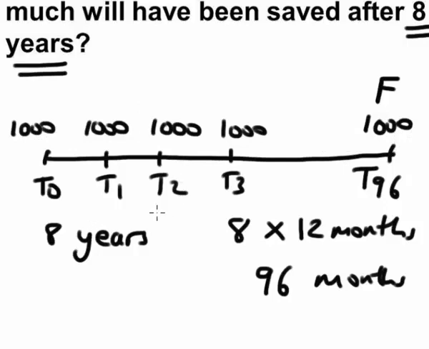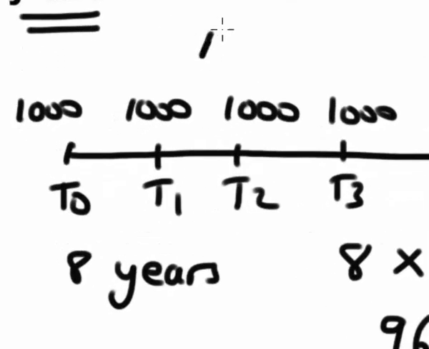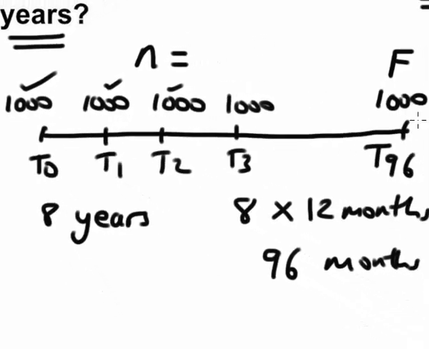Now listen to me carefully. What is the number of payments? Now remember, over 2 months, you had these 2 payments over 2 months, plus the one at the beginning, which is now 3 payments. So if you've made payments over a period of 96 months, you've actually made not only these 96 here, but one at the beginning.